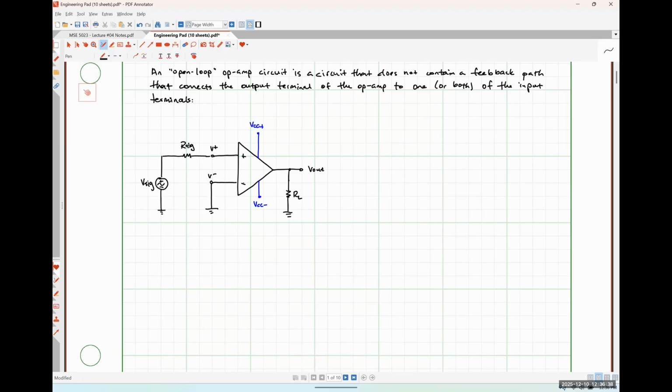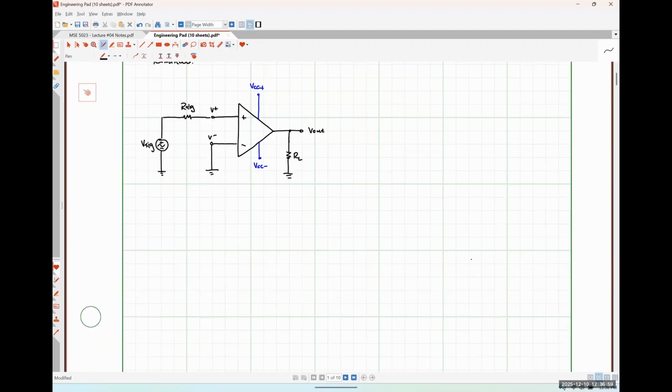So instead, we use open loop op amp circuits in a lot of control systems applications like threshold detection and signal processing applications like crossing detection and analog to digital converters. So we're going to focus largely on application today.